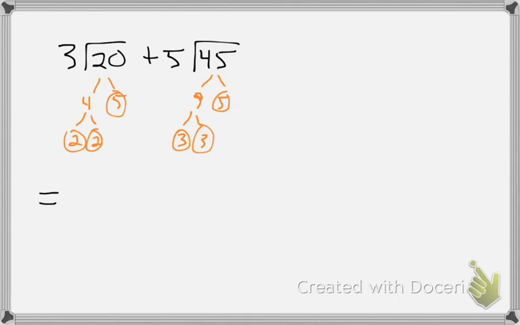So, can I simplify 3 square root of 20? Yes. What do I get? 6 square root of 5 for that first term. 3 times 2. Yep. I have a pair of 2's.